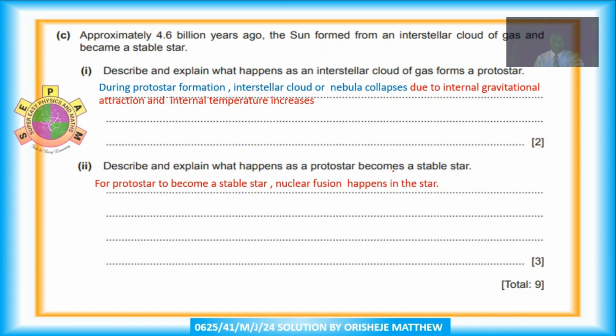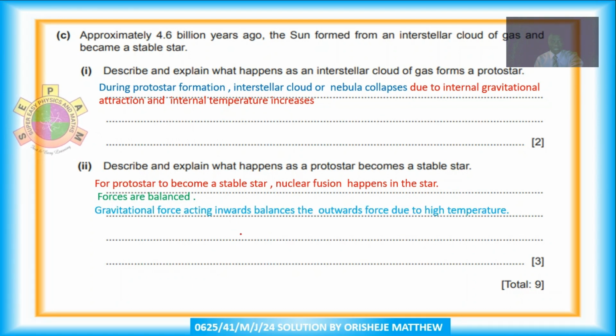Okay, now describe and explain what happened to a protostar for it to become stable. For the protostar to become a stable star, nuclear fusion must happen in the star, and the forces acting inward into the star core and the forces acting outward from the star core must balance together.